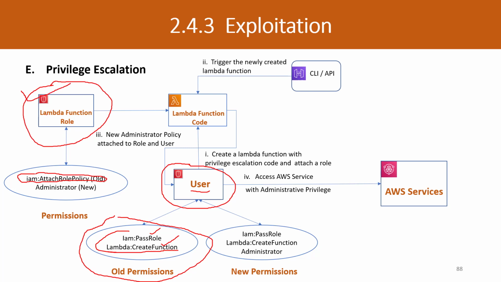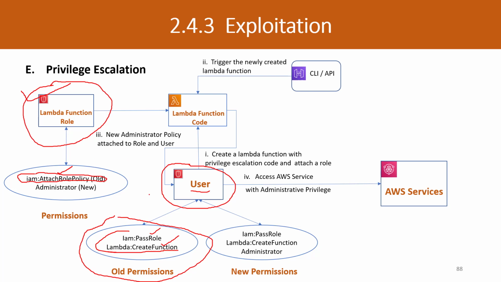Suppose this is the role which already exists, and this role has this policy attached. The policy says this role can attach a policy to any other role, or to the same one also. So if you have these two conditions, you can perform the privilege escalation. Let's see how it works.